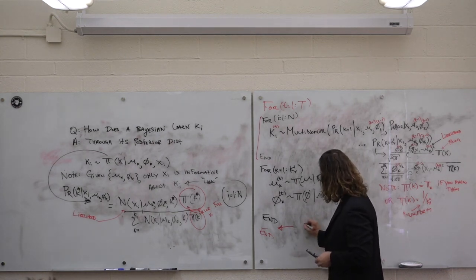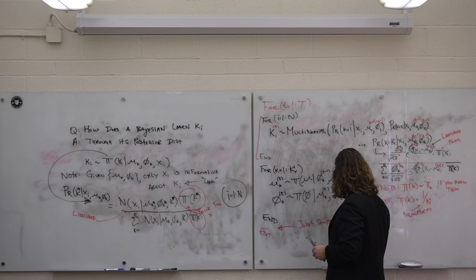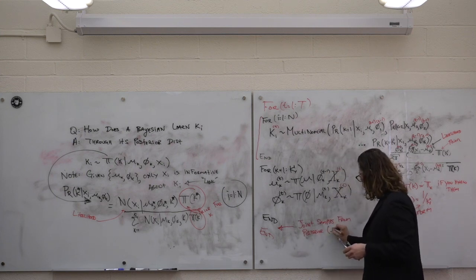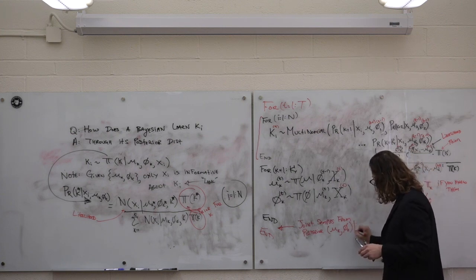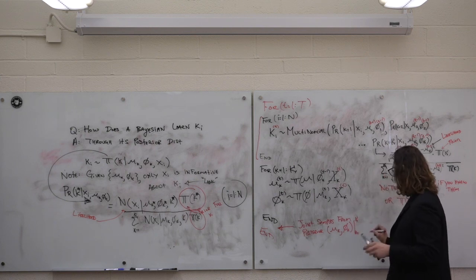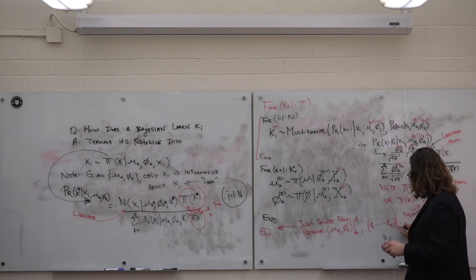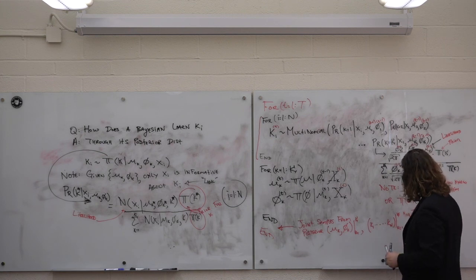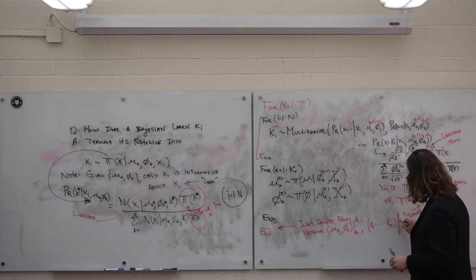So you would end up having joint samples from the posterior for all of my mu's, all of my phis, where K goes from 1 to cap K, and then I would also have all of these, K1 down to Kn, where the Ks again go from 1 to cap K. So everything here would be conditional on the full data set.